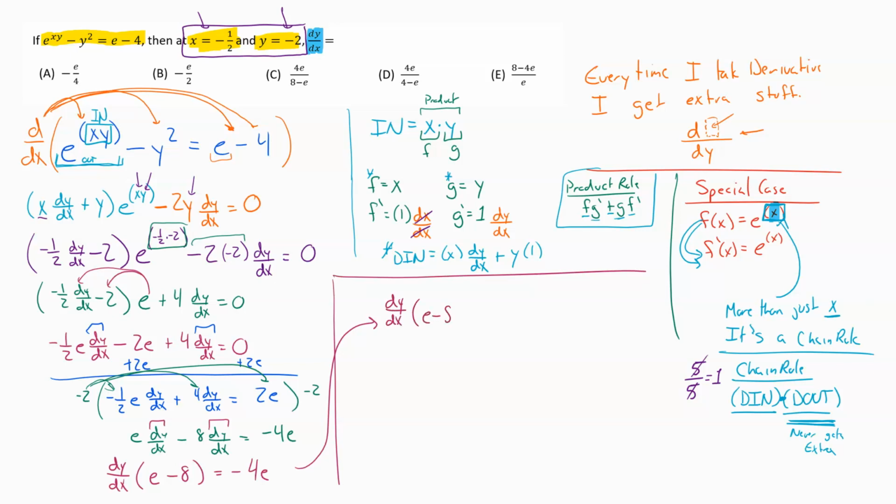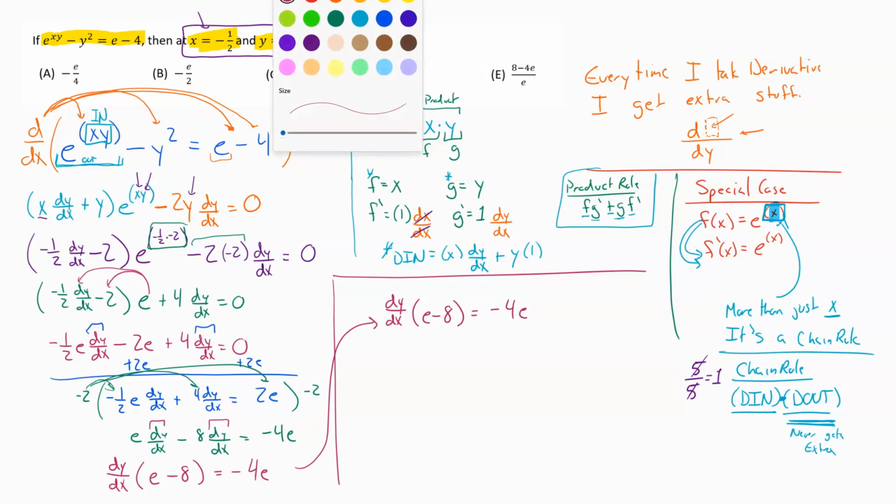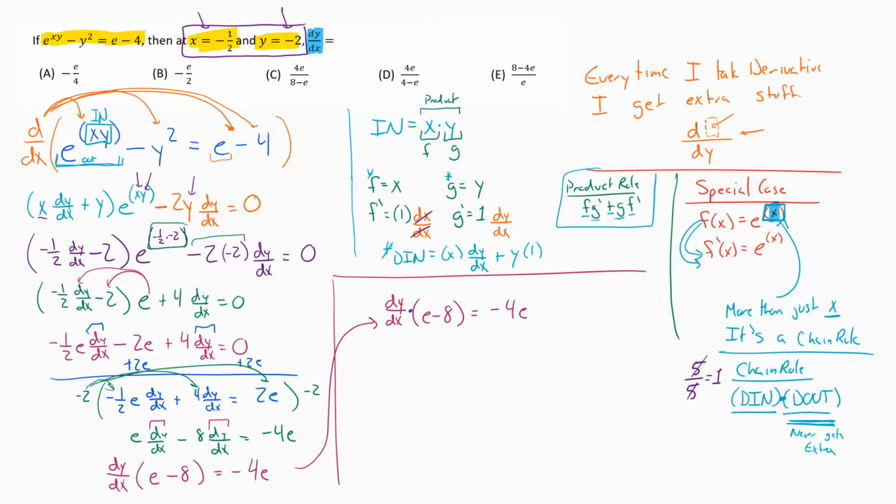You know, these problems are tedious. They're not difficult, but they're long. So now that I've pulled that dy/dx out, now that these two things are being multiplied, I can go ahead and just divide across right now. And I end up with dy/dx equals negative 4e over e minus 8. And so that's our answer.